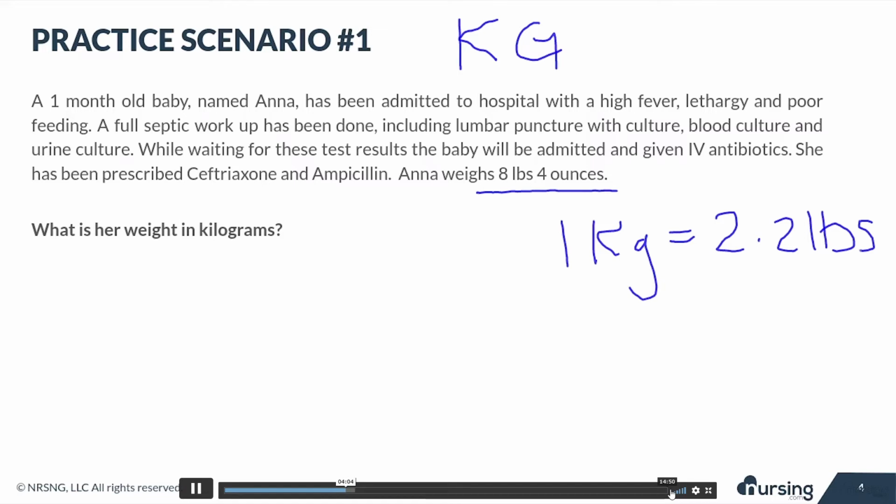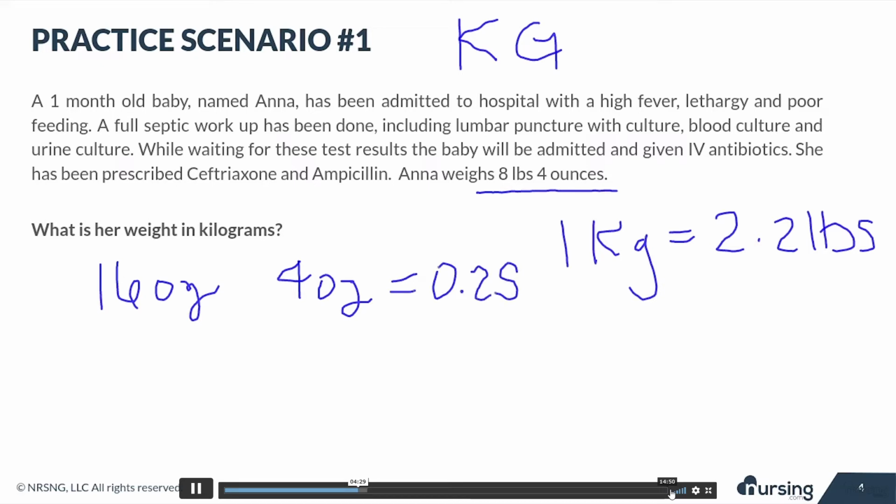Okay, so let's go ahead and calculate this. The tricky thing to remember with this particular case is that we have to work out 4 ounces and figure out how much of a pound 4 ounces is. So remember, there are 16 ounces in a pound, so 4 ounces equals 0.25 of a pound.